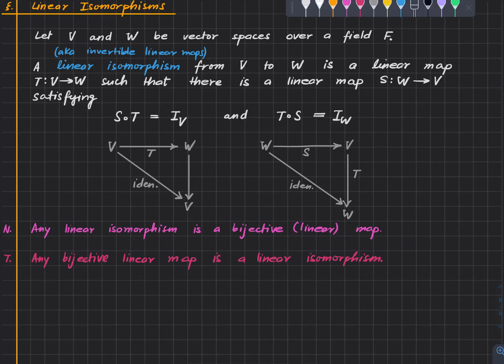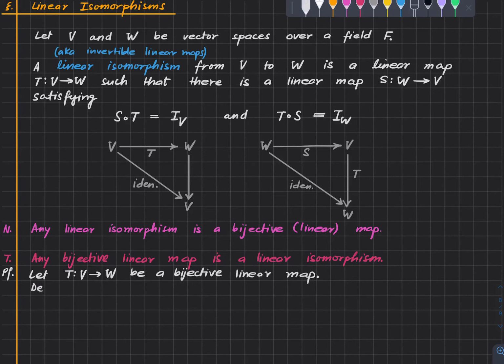Okay, so why is it that any bijective linear map is a linear isomorphism? You pick a bijective linear map. I'll not write the full details, but here is the thing. So if T is a bijective linear map, we want to show that it is a linear isomorphism.